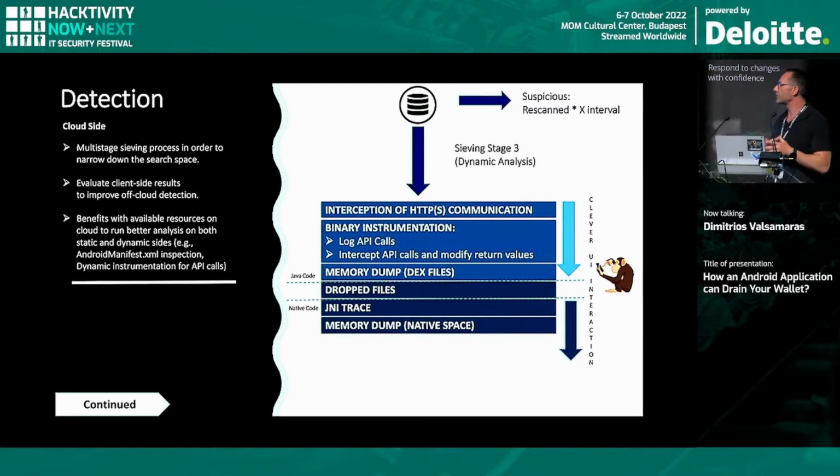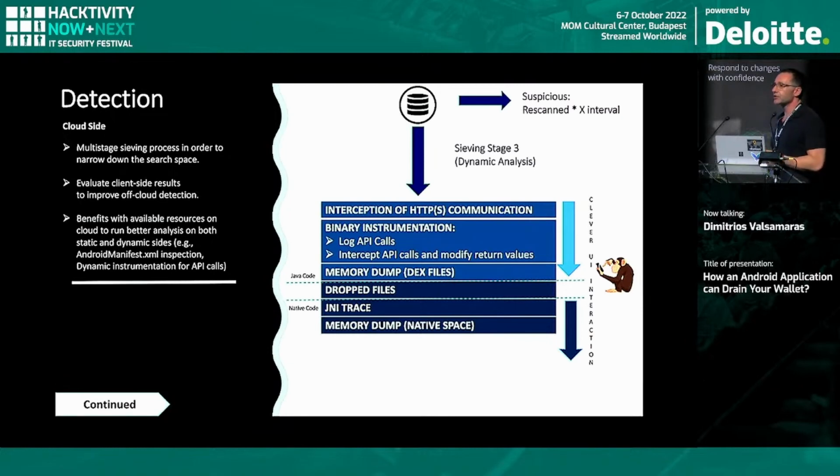The HTTP and HTTPS communication of the malware. We use binary instrumentation in order to log the API calls or even intercept these API calls. Remember I told you that it searches for specific SIM operators, so we try to change the return value of these specific API calls and see how it reacts, or perform some type of memory dump of the DEX files which might be loaded.